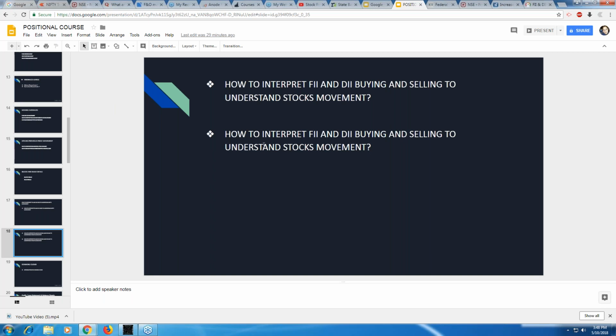So here, what you need to find out is exactly the same as the block and bulk deal. There's no difference, but here you need to understand how FII and DII are buying a particular stock or selling a particular stock, right? So the process is the same. You need to find out the block deal, bulk deal, or the large deals.